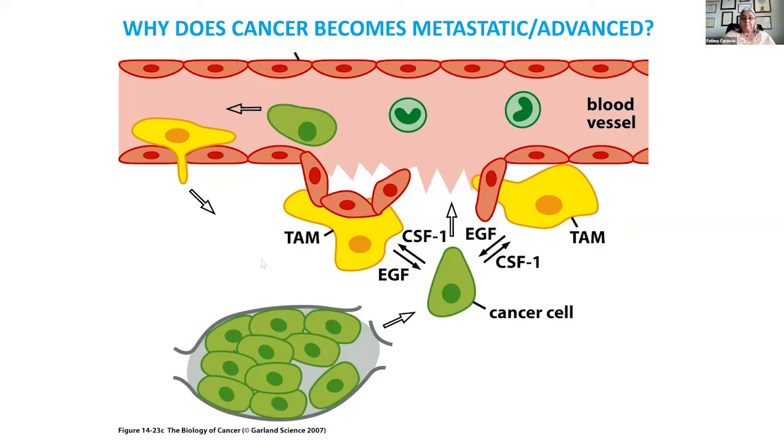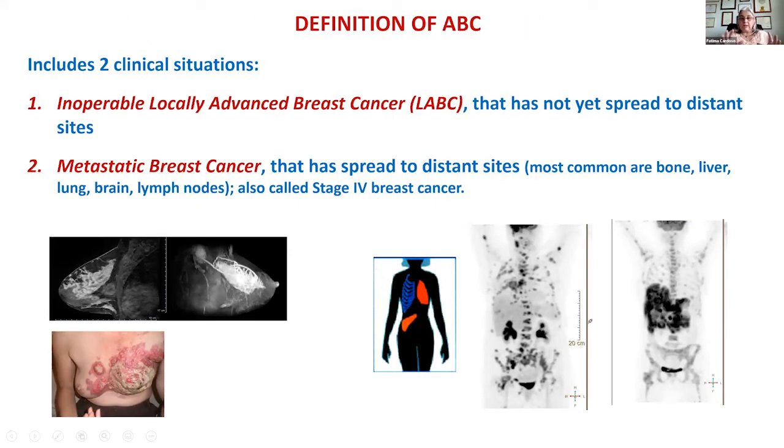Okay. So just to clarify now why sometimes we use the word advanced instead of metastatic. We decided to use the word advanced breast cancer to include two situations: the metastatic, which I already described to you, but also one that is locally advanced inoperable. And I put some images there. I don't want to scare anyone, but this is sometimes a situation that we see.